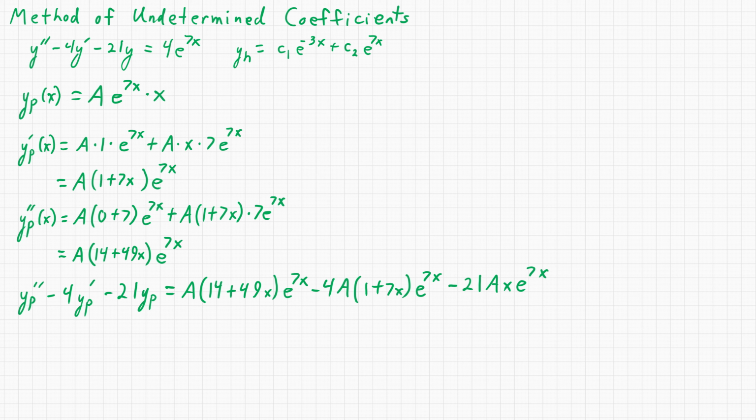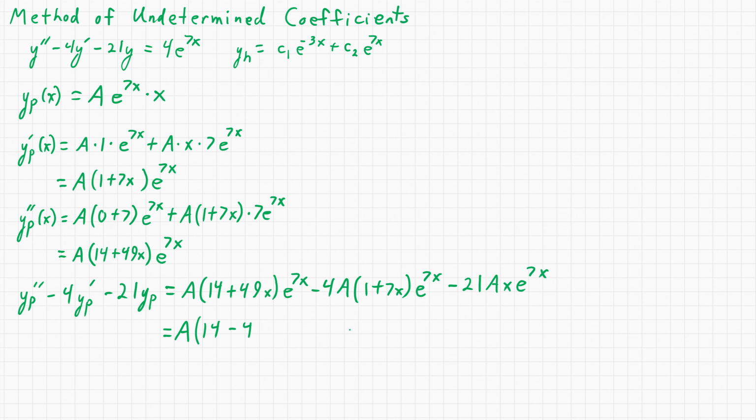All right, well, let's go ahead and try and combine terms here. So let's get all the constants, and let's get all the x terms. So we get equals, we have a. From the first term, we have a times 14 times e to the 7x. So I'll have 14. And the second one we have minus 4a e to the 7x, so just minus 4.